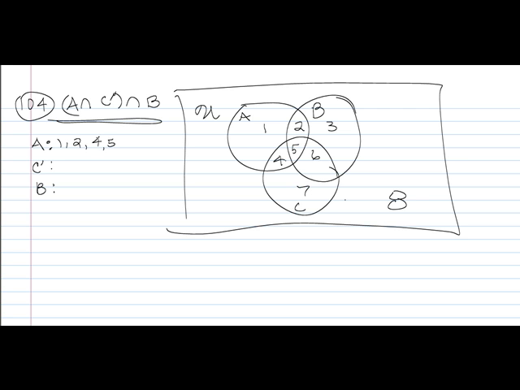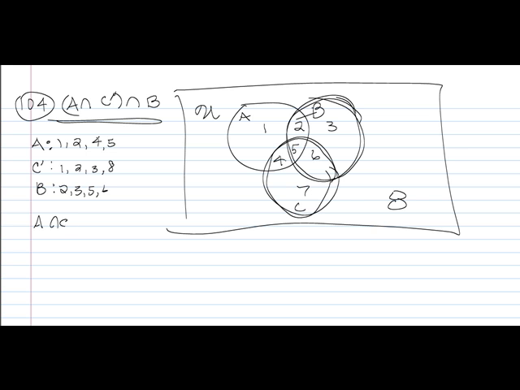C complement is everything outside of C. Here's C. So 1, 2, 3, and 8. B contains everything inside of B. So that would be 2, 3, 5, and 6.